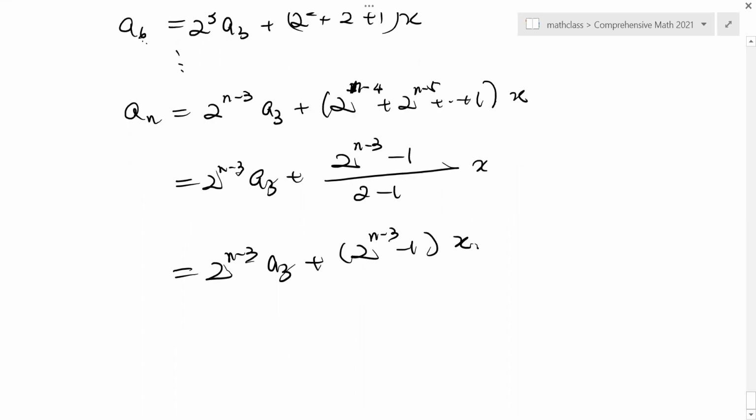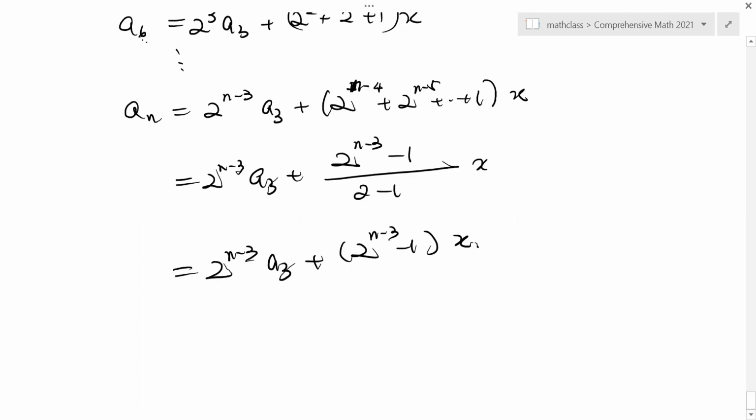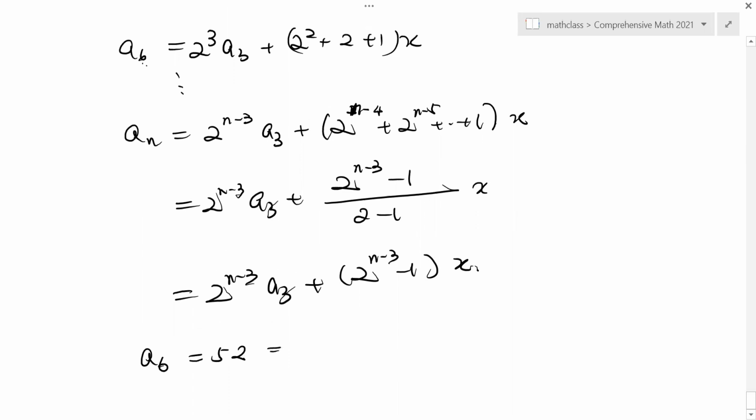So the question is, what is x? Based on the given information, A3 is going to be 3 and A6 is going to be 52. So A6 is 52, and that is going to be 2 cubed times A3, which is 3, plus (2 squared plus 2 plus 1) times x.